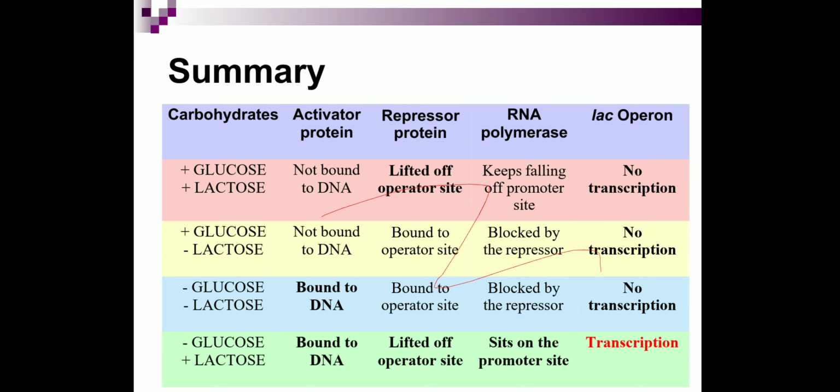When glucose is absent and lactose is absent, the activator is bound to DNA and the repressor is bound to the operator, blocking it. No transcription will occur. When glucose is absent and lactose is present, the activator is bound to DNA, the repressor leaves the operator site, RNA polymerase sits on the promoter site, and transcription will occur.